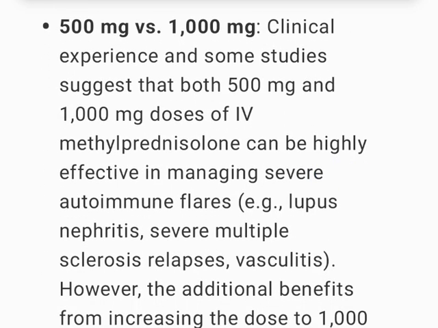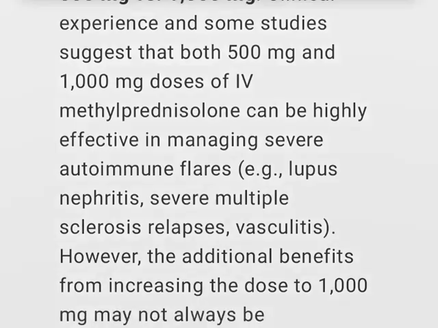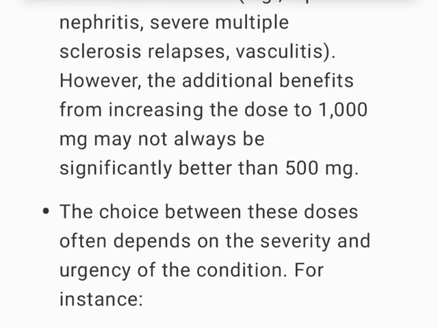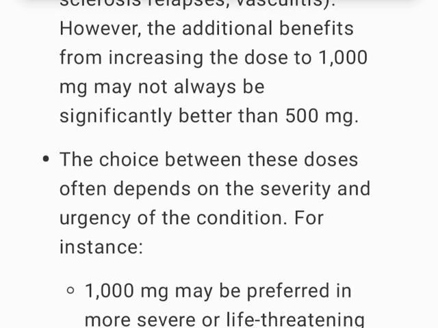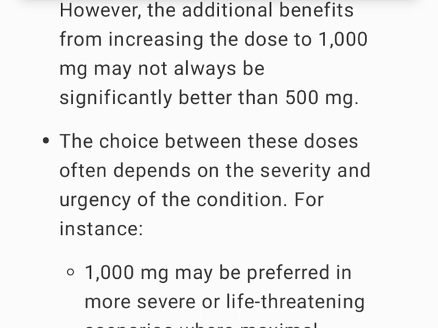500 milligrams versus 1,000 milligrams. Clinical experience and some studies suggest that both 500 milligrams and 1,000 milligrams doses of IV methylprednisolone can be highly effective in managing severe autoimmune flares, e.g., lupus nephritis, severe multiple sclerosis relapses, vasculitis. However, the additional benefits from increasing the dose to 1,000 milligrams may not always be significantly better than 500 milligrams.